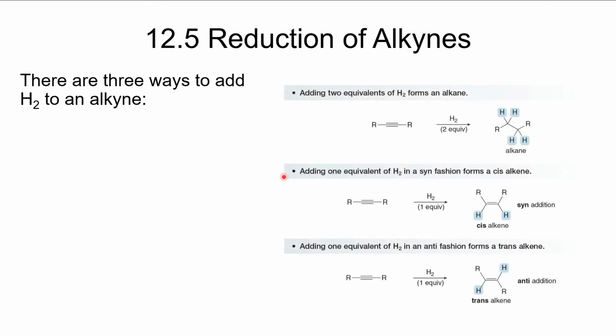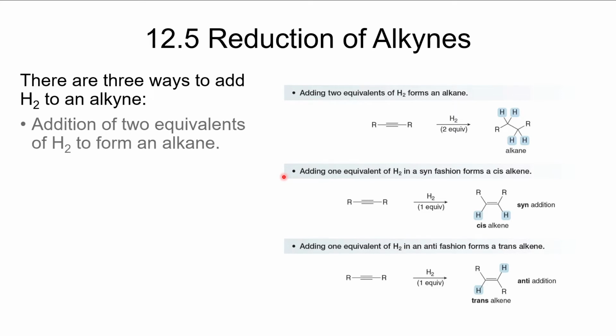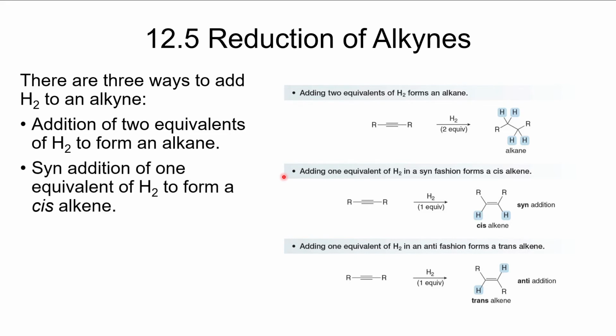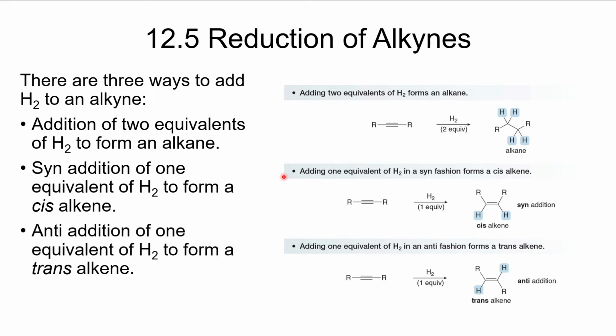One is that you can add two equivalents of hydrogen and it will get reduced all the way to an alkane. Two, you can add enough of the hydrogen so that you just get the alkene and you'll get what we call a cis alkene. Or you can do another type of reaction where you get anti-addition of hydrogen across a carbon-carbon double bond and you'll get the trans alkene.